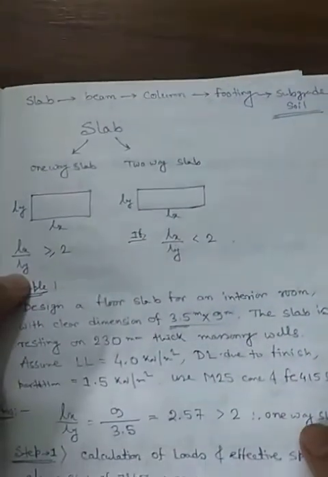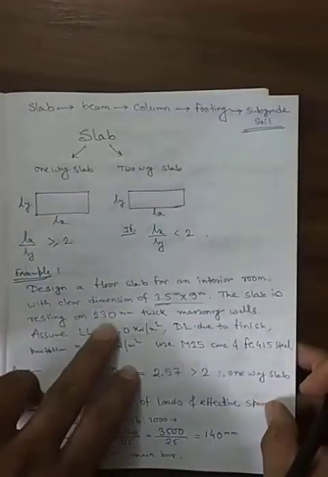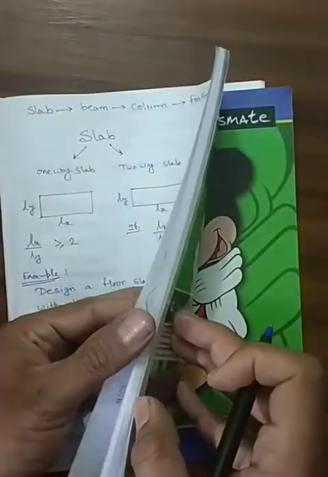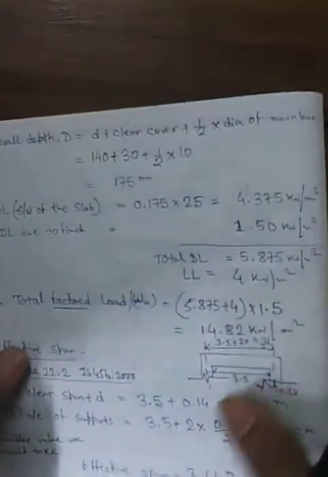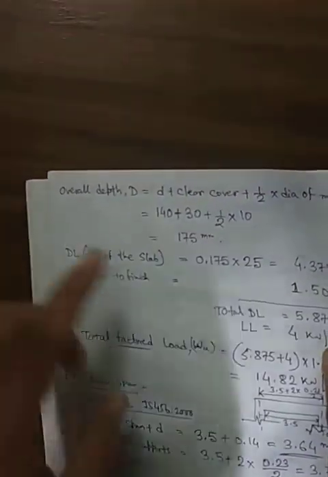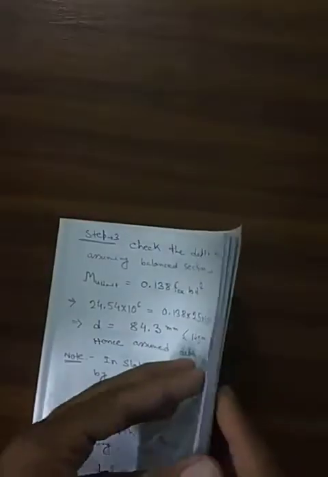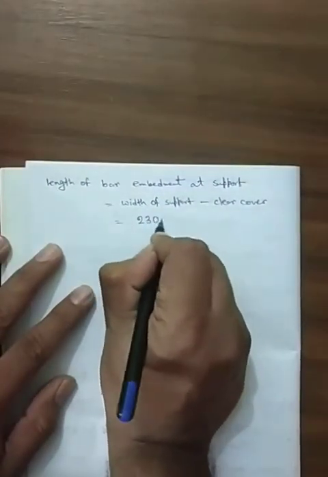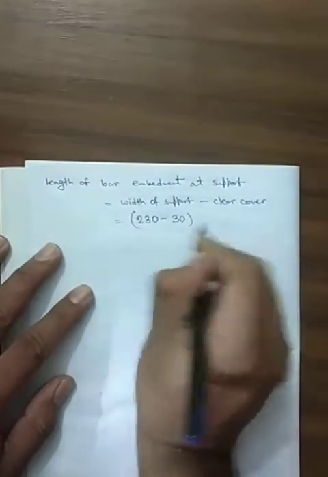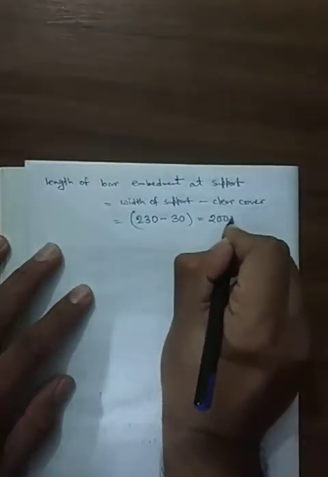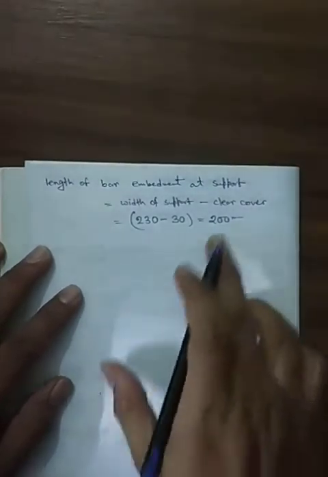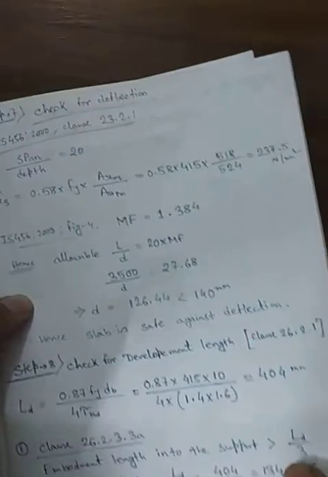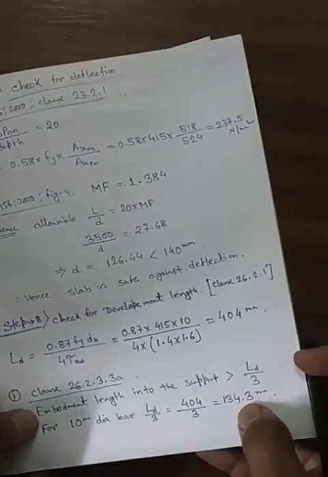This is given in the problem: 230. And clear cover was 30. So the width of support 230 minus clear cover 30 comes to 200 millimeters. Now this 200 millimeters is obviously greater than LD by 3, that is 134.3.